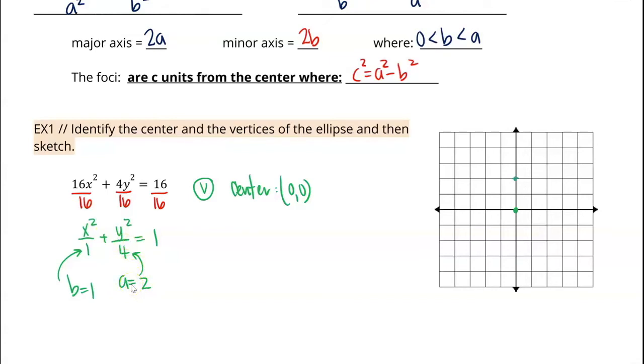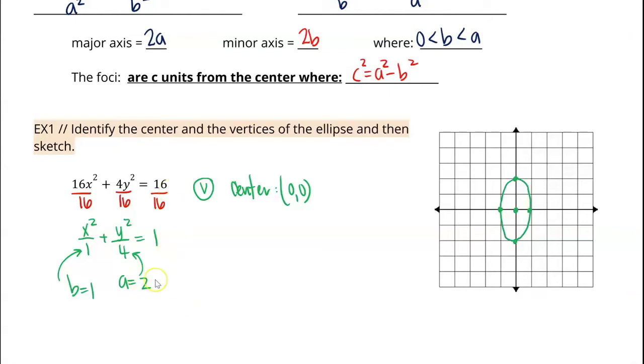So I'm going to put points 2 units above and 2 units below the center. Okay. And then with the b value, we're going to go left and right. So the larger distance, remember, goes vertically because the larger number is underneath the y piece. Okay, and then I can sketch my ellipse from there.